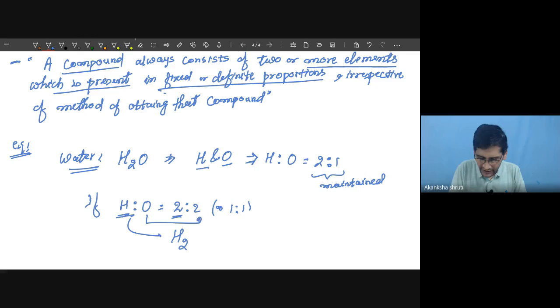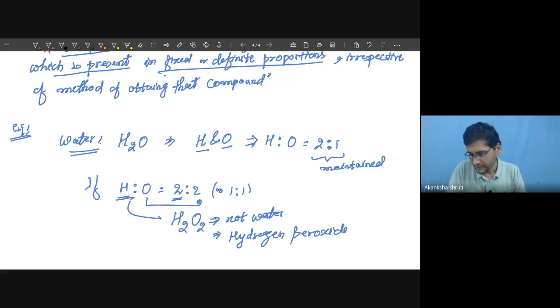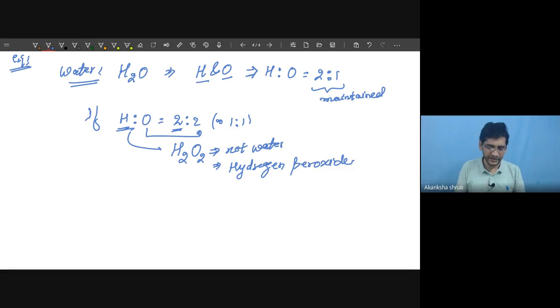Oxygen is also occurring 2 times, so below O we indicate the number of atoms, so H2O2. So it is not water, but a new compound called hydrogen peroxide. This you will learn in higher study.